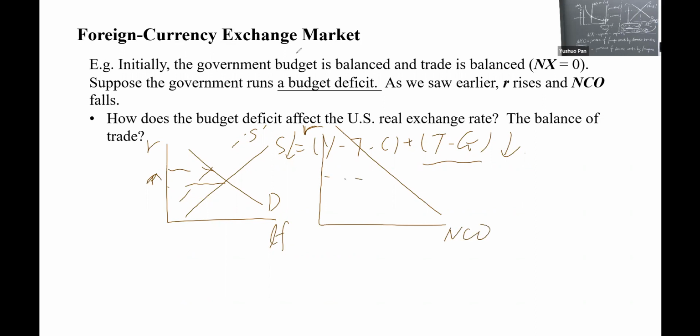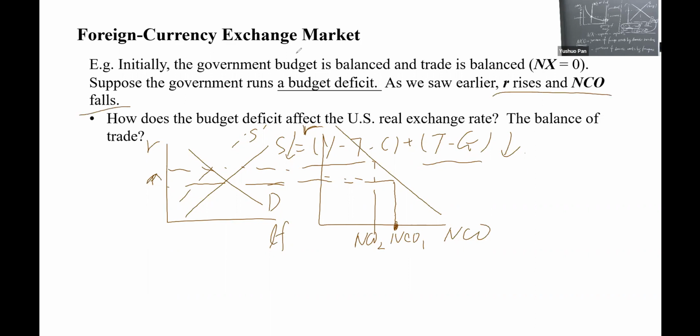That's the original capital outflow, NCO1, and that's the new net capital outflow, NCO2, because you want to invest in the United States more. So the net capital outflow will decrease. So R rises and NCO falls.